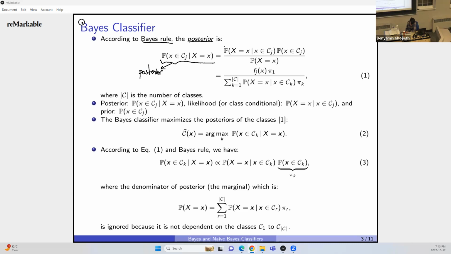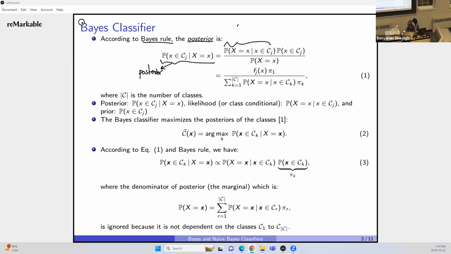It is equivalent to the probability of X given that X belongs to the class Cj. So if my data belongs to the class Cj, what is the probability of my data? This is the other way around.